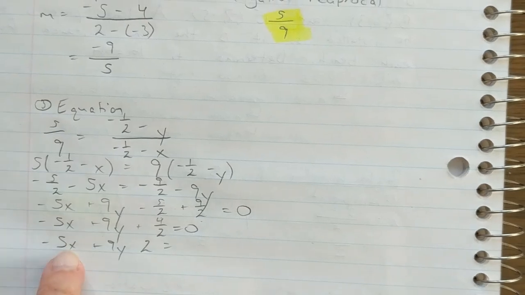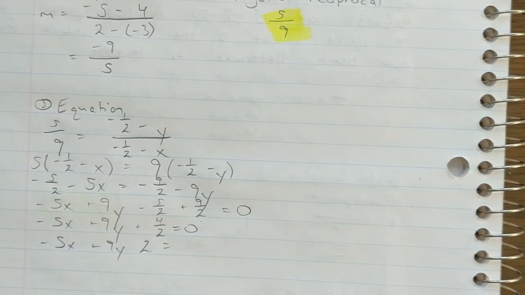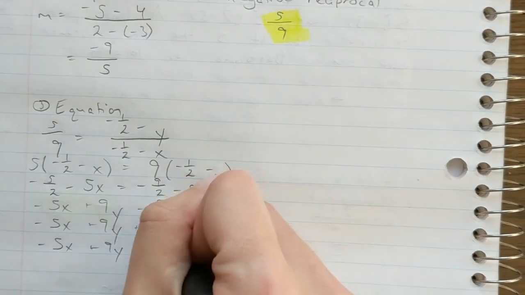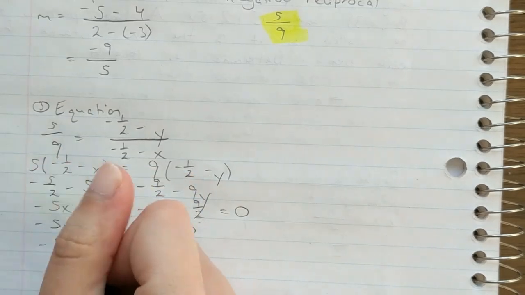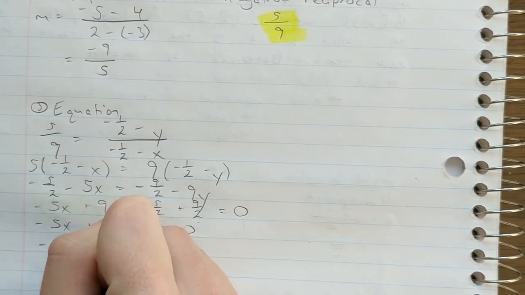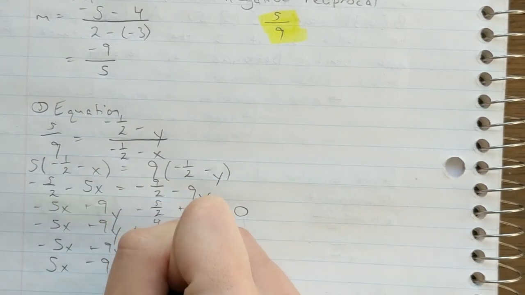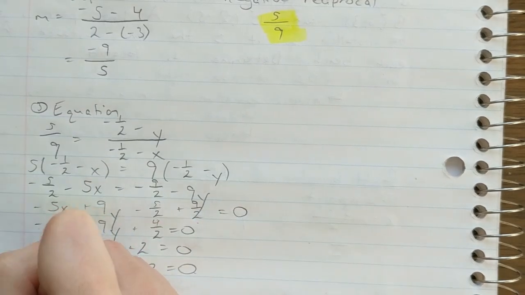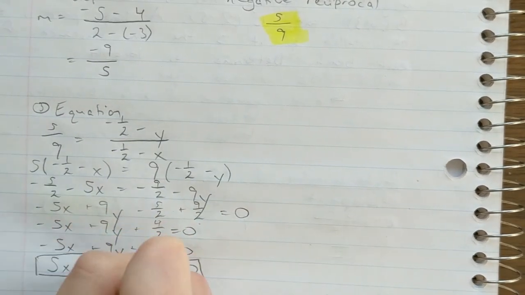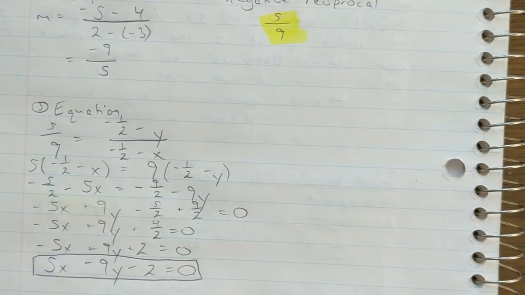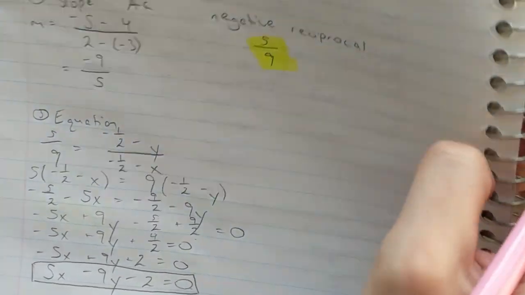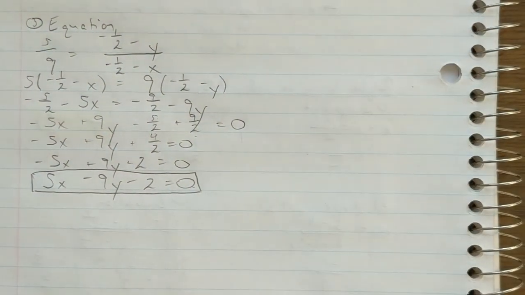And finally, because in standard form we want our leading coefficient to be positive, I'm just going to multiply everything here by negative 1, or switch the signs. 5x minus 9y minus 2 is equal to 0. And this is our second equation that we are dealing with here, our second right bisector.